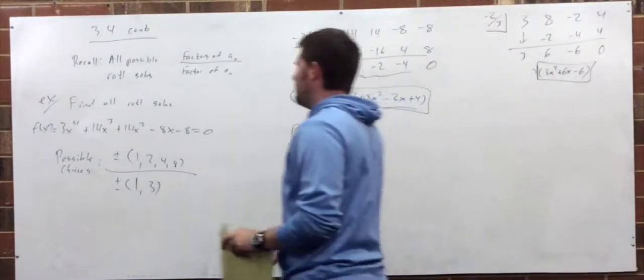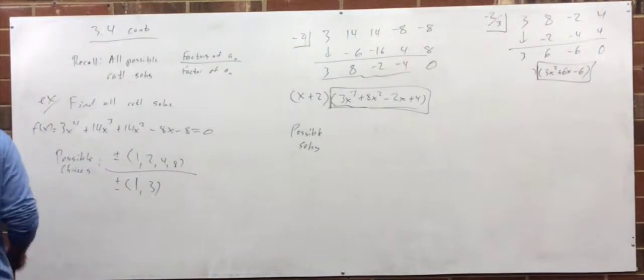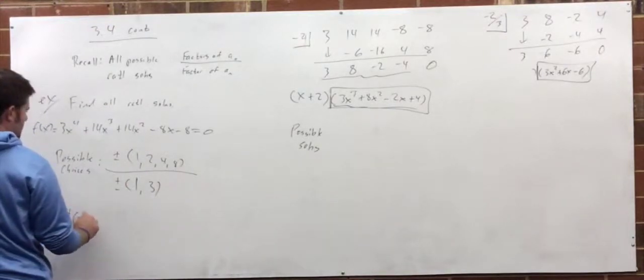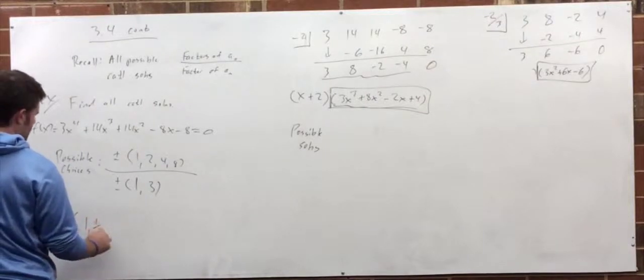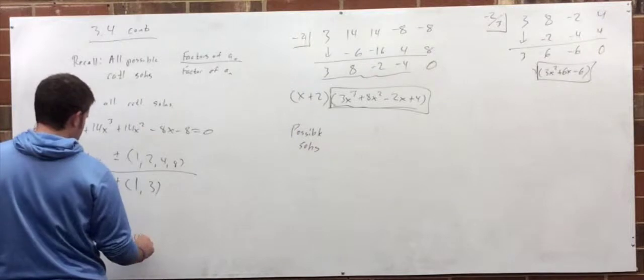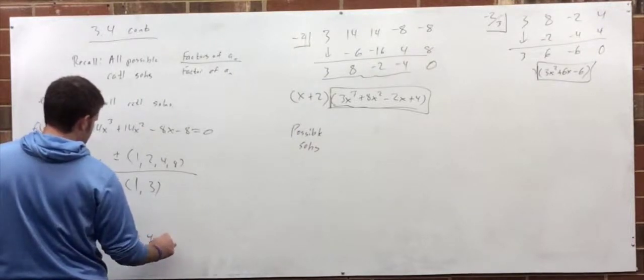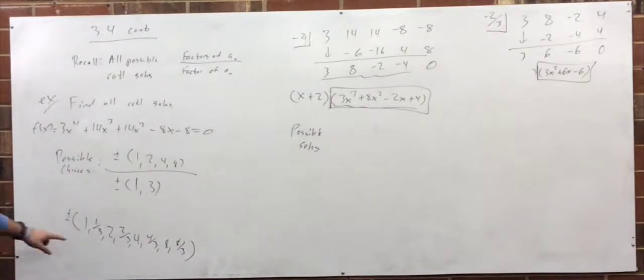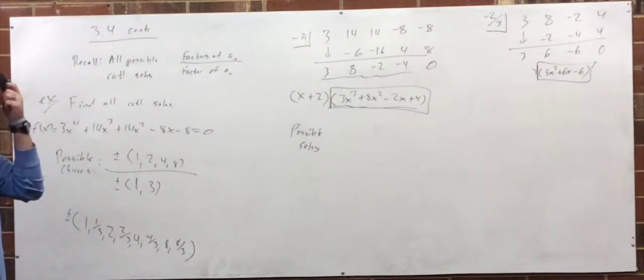So we write those out, and then we'll write out the possible solutions. So it's plus or minus 1, 1/3, 2, 2/3, 4, 4/3, 8, and 8/3. These are all the possible solutions, plus or minus.